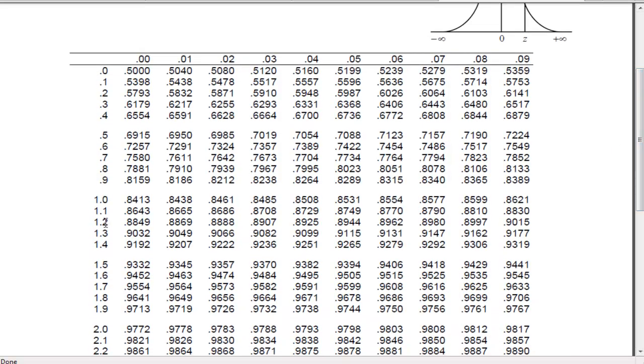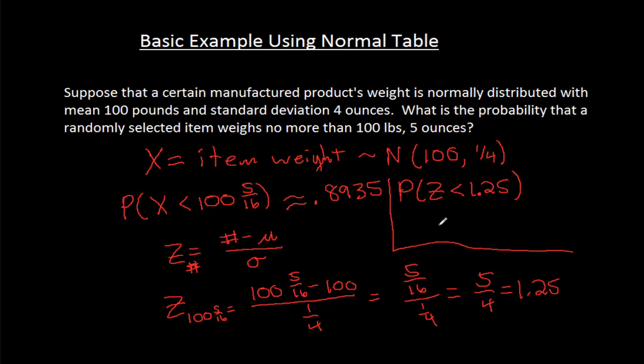What that means is that I go down to the 1.2 row, and I look up at 0.05, so that makes 1.25, and I find 0.8944. So that's it. And we go back, and we find that this is about 0.8944.